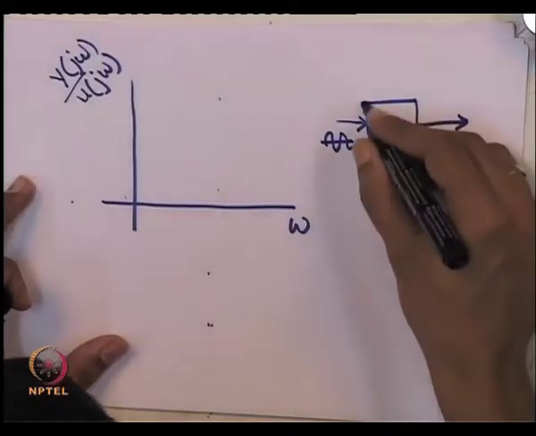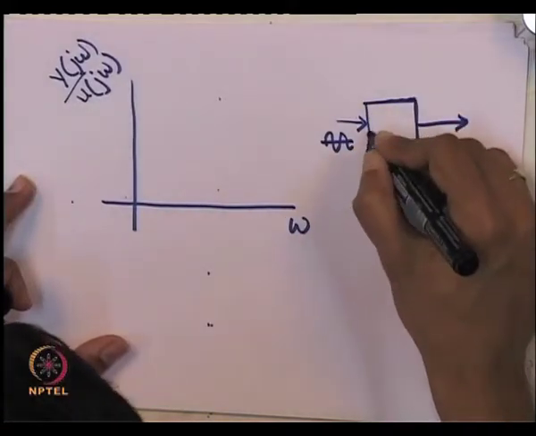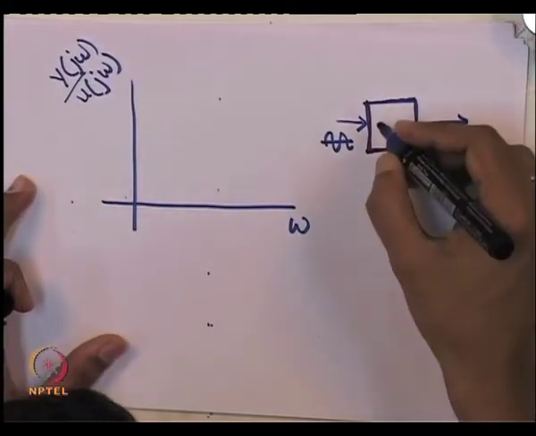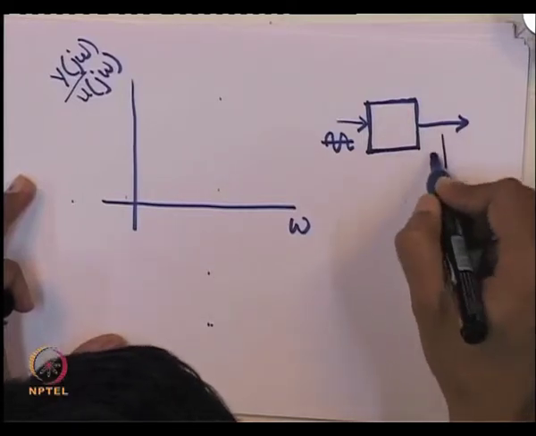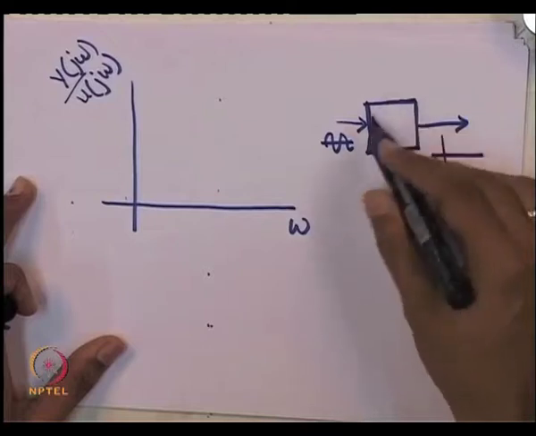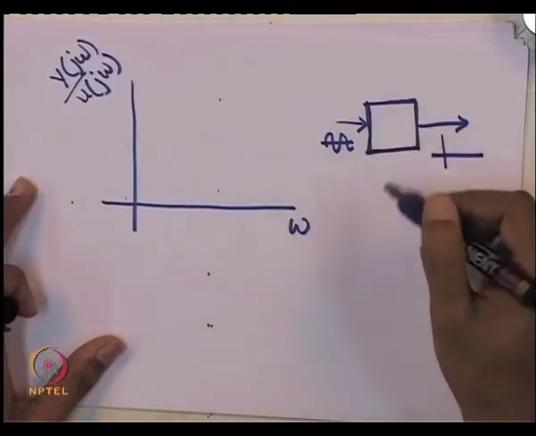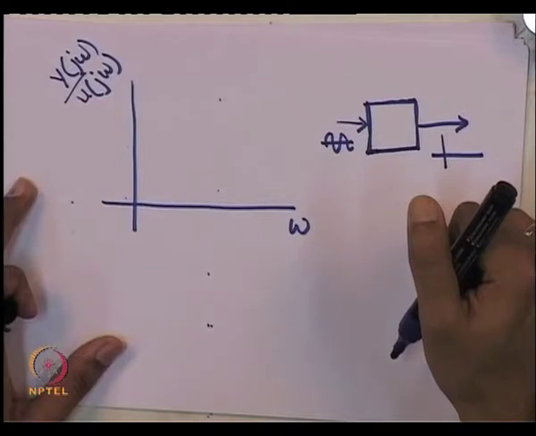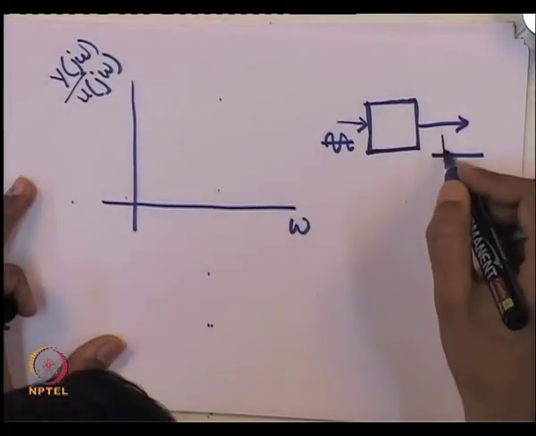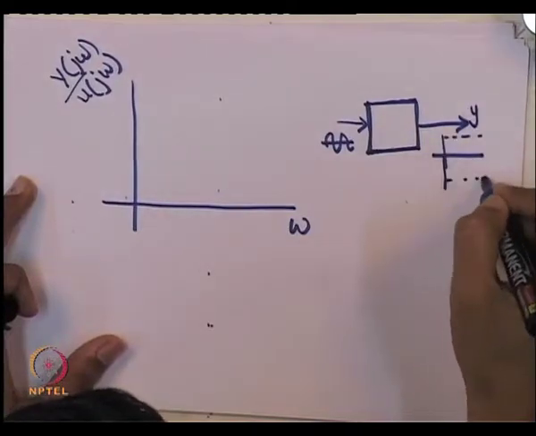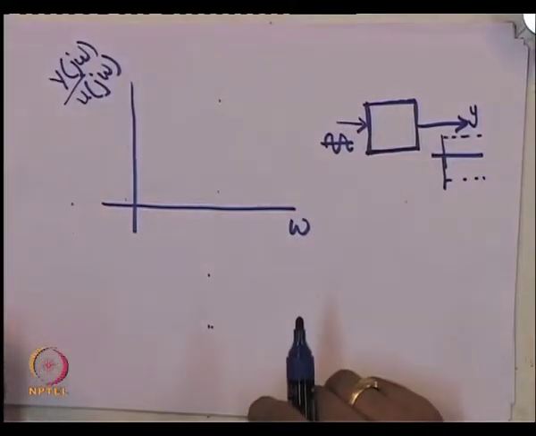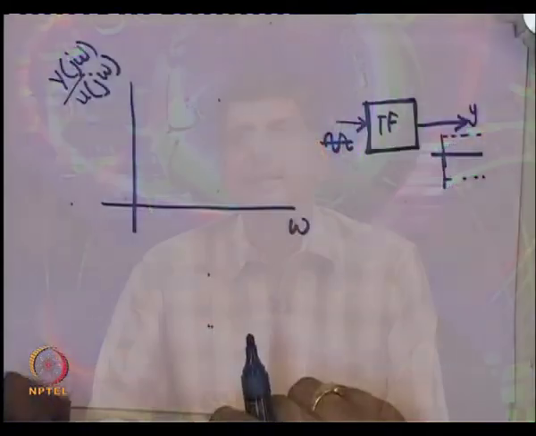In steady state, if it is a stable system, that is, it is associated with a state space whose eigenvalues are on the left hand side of the imaginary axis, then the output will also be a sine wave, but its magnitude would have changed and it can also have some phase shift. So, you take any transfer function, this is how you would measure the steady state frequency response.